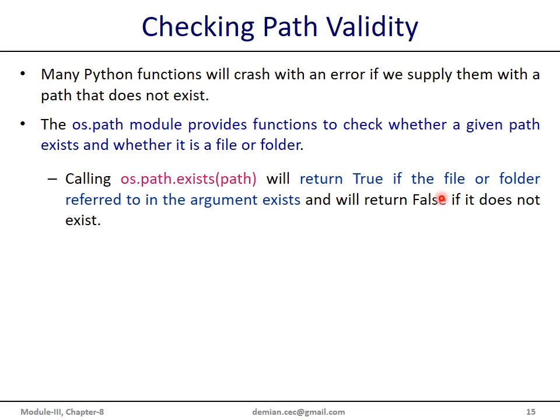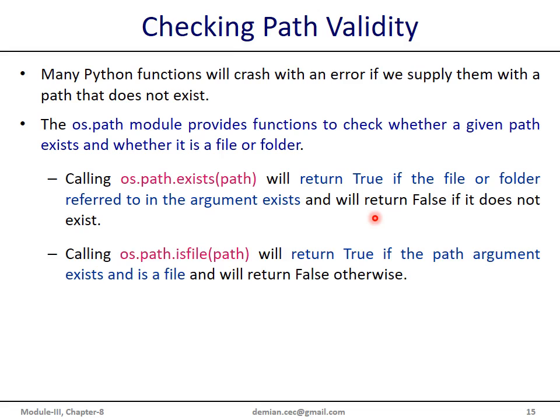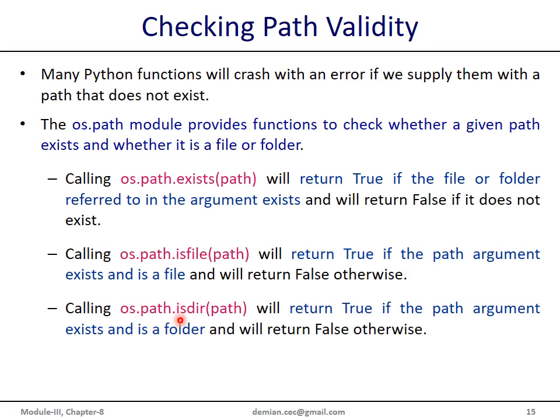This will return true if the file or folder referred to in the argument exists, and return false otherwise. The os.path.isfile will return true if the path argument exists and is a file. And the third method, os.path.isdir, will return true if the path argument exists and it is a folder or a subdirectory, and return false otherwise.